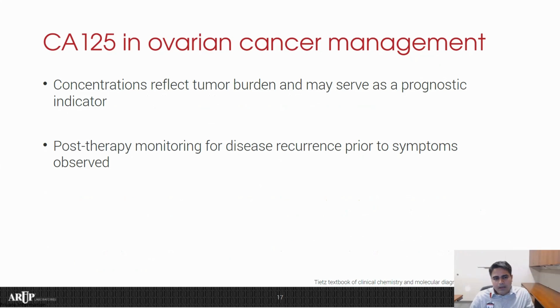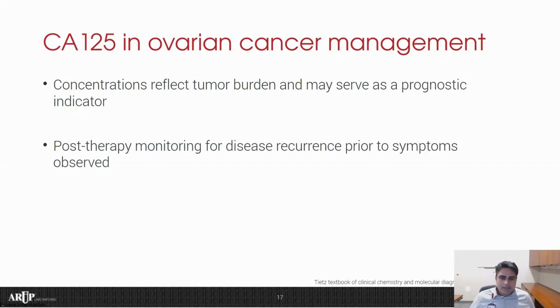So one other utility of CA125 in the ovarian cancer context is that CA125 concentrations do reflect tumor burden, and it may serve as a prognostic indicator. And most commonly, it is used for post-therapy monitoring for disease recurrence prior to symptoms being observed.